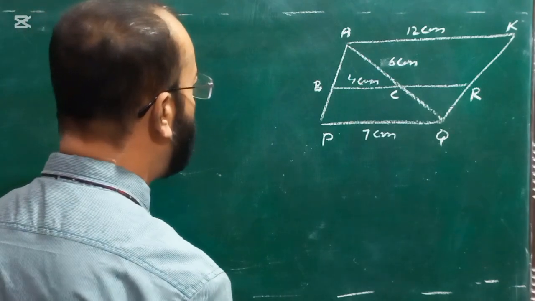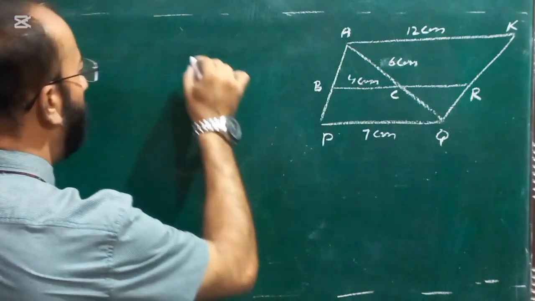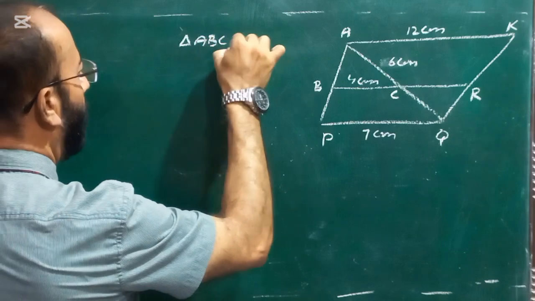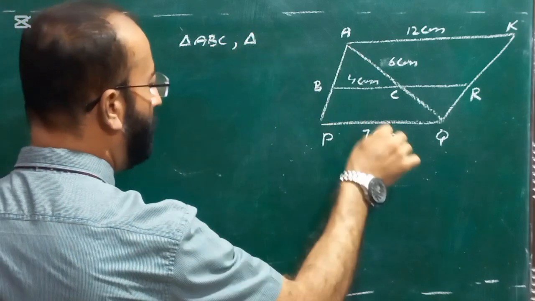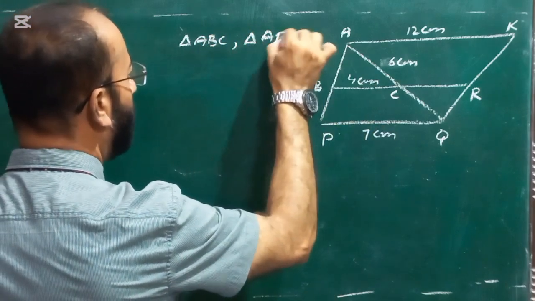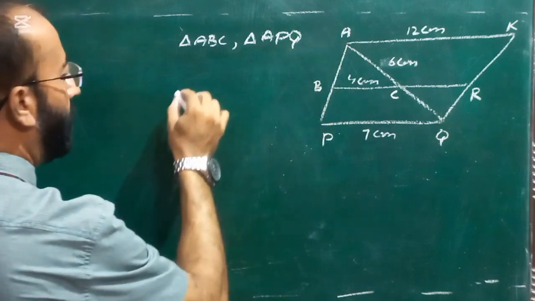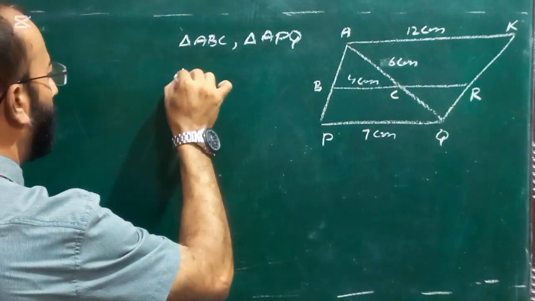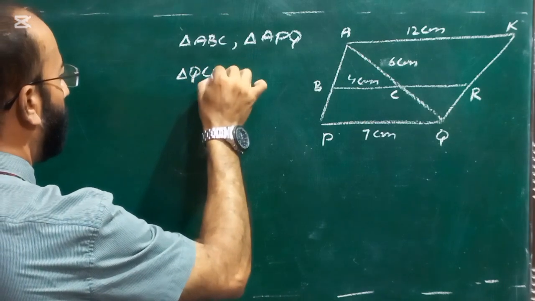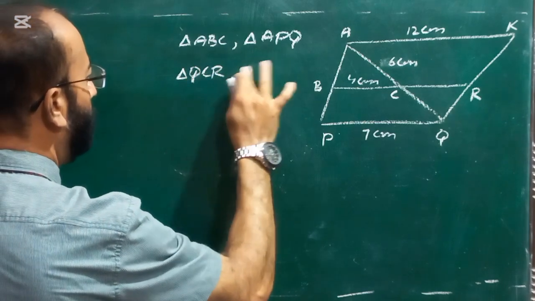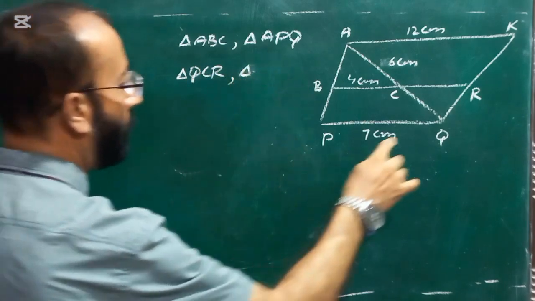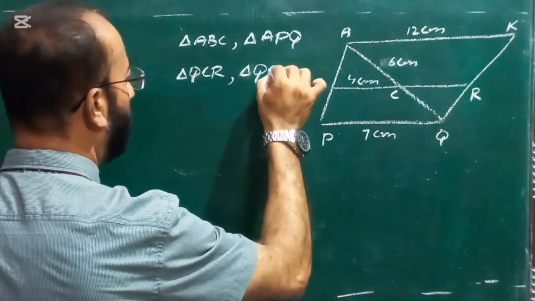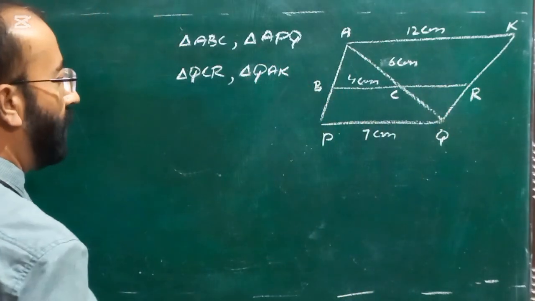Here is another question, and it is given that triangle ABC and triangle APQ are similar. At the same time, triangle QCR and triangle QAK are similar.